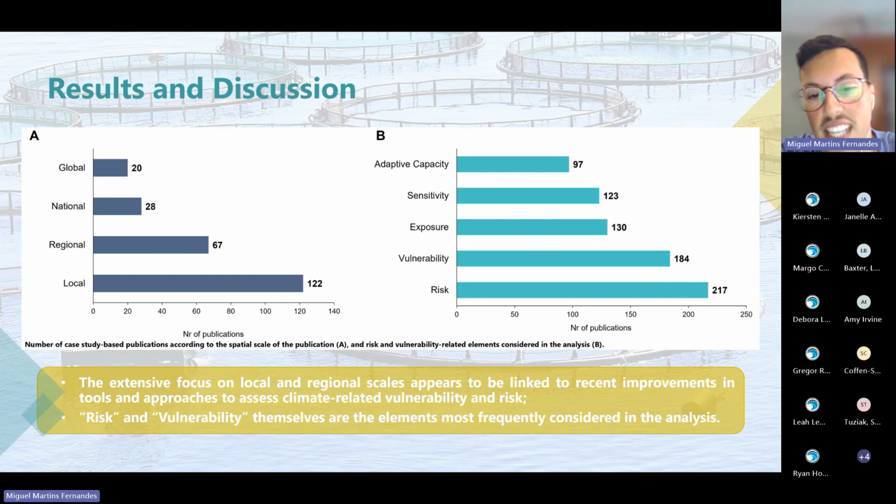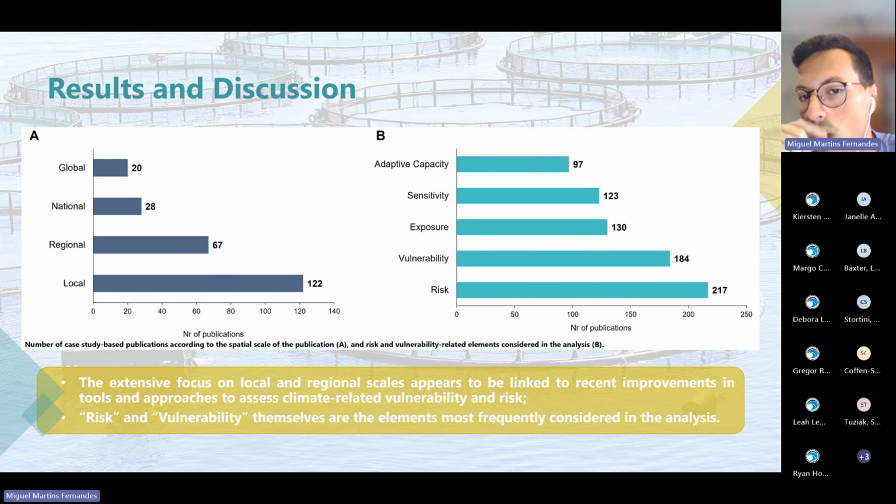Then assessing the different elements of risk and vulnerability, we can see, of course, that they are quite well referenced, especially risk and vulnerability, but we can see also that exposure, sensitivity, and adaptive capacity are not so referred. And this is because there is a difficulty in trying to find the right elements depending on the specific target that we have to analyze the risk and to assess risk.